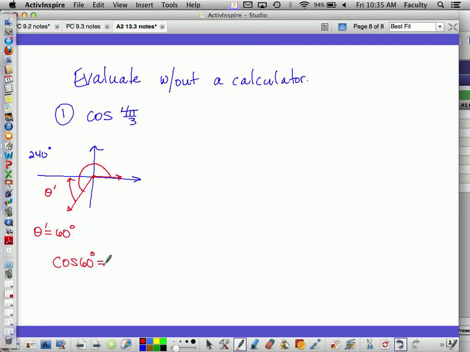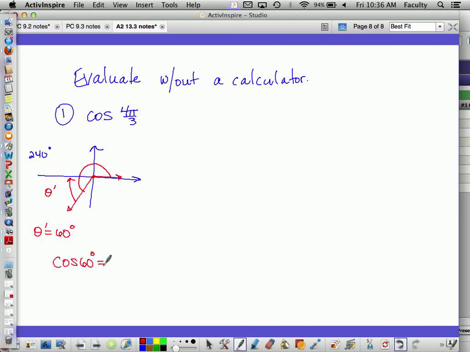So I look at my 30, 60 right triangle, and I strongly recommend on tonight's homework, whether it's the book work or the worksheet, you write out the two triangles in the circle, and you're constantly looking at them, okay? So cosine of 60, Andrew, what is the cosine of 60? That would be radical 3 over 2.